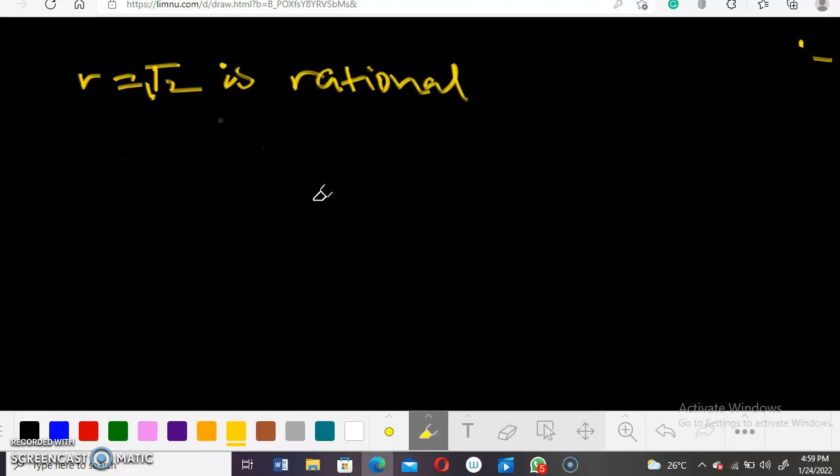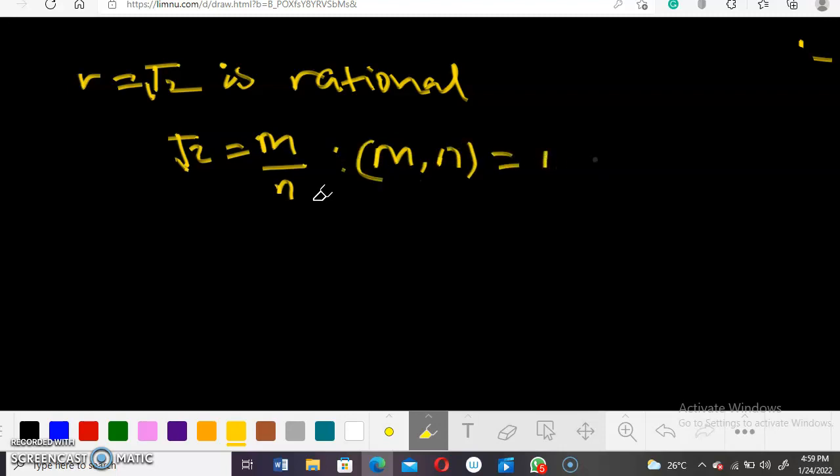If root 2 is rational, it implies that root 2 can be represented in the form m over n, where the only common factor of m and n is 1. N cannot be equal to 0, because if the denominator is 0, it is undefined.